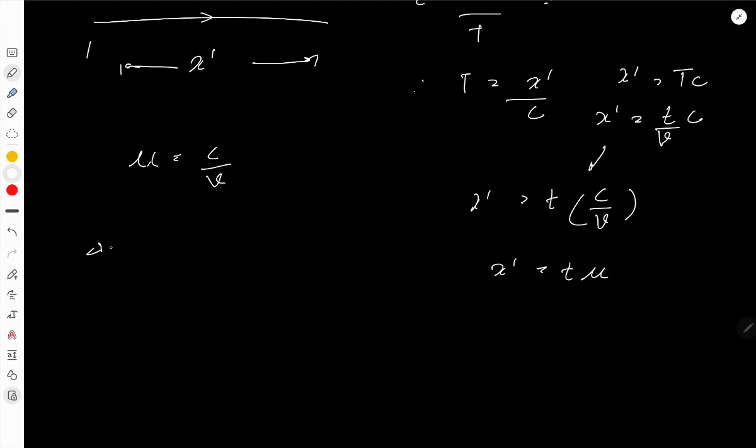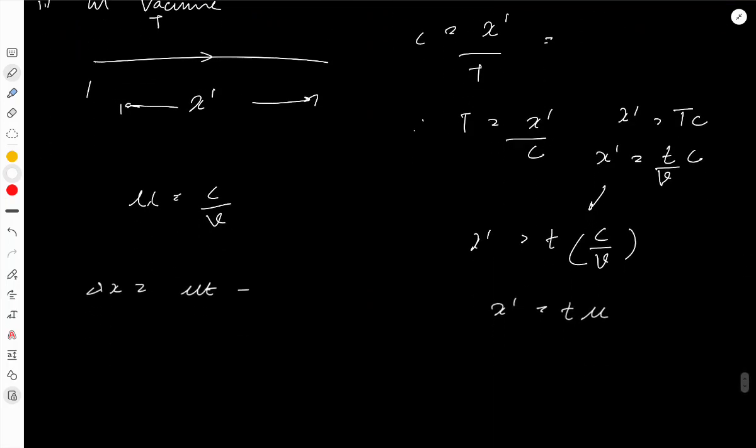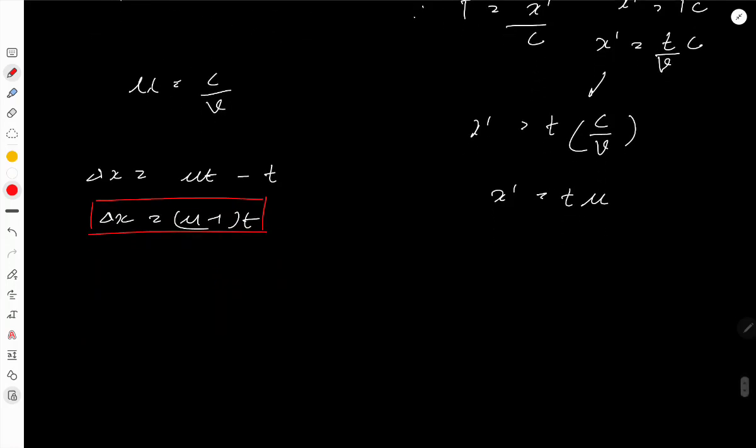So I write the difference between the paths as mu t minus t, as t was the distance it had to travel. So mu minus 1 times t is the extra path it had to travel.